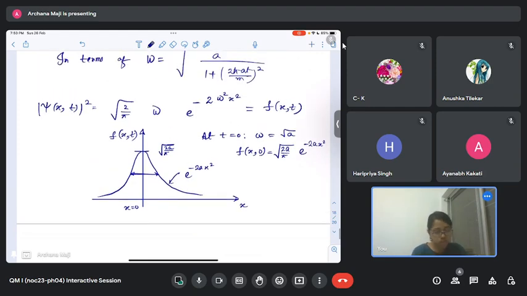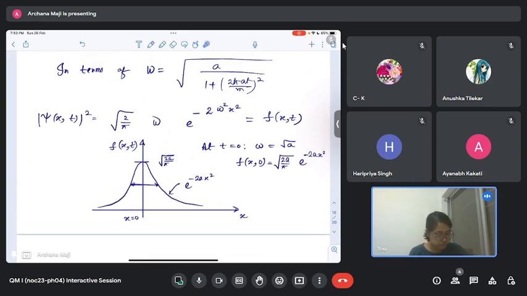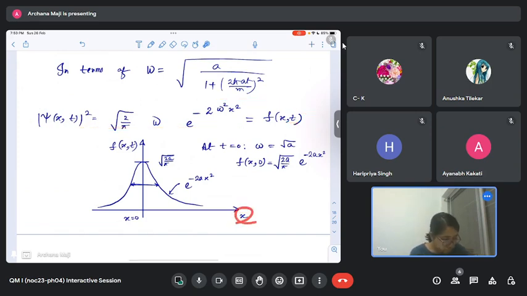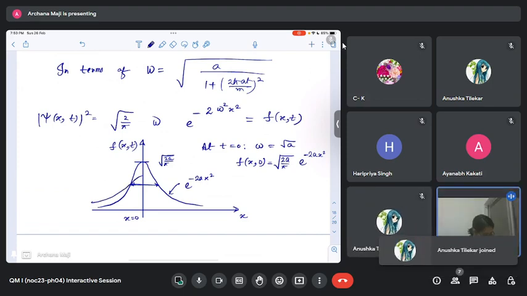Now the question actually says to plot this particular curve for different time values with respect to x. So when time increases, omega decreases. As time progresses, your Gaussian will be like this.